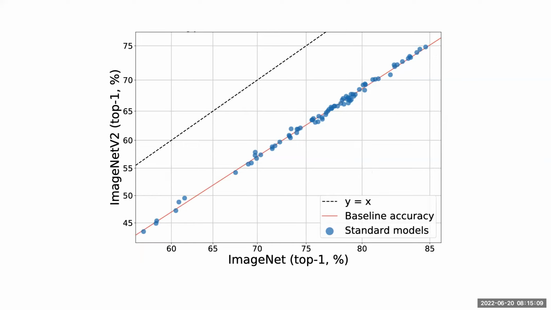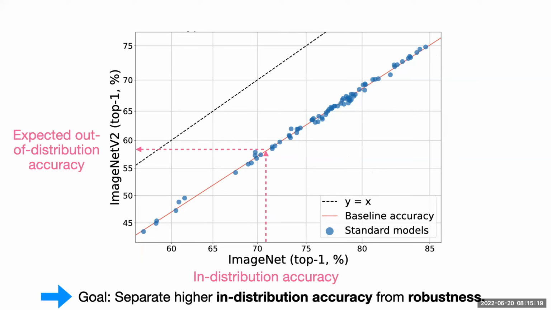This is really useful because with this linear trend, we can basically subtract out how well a model does just based on its ImageNet accuracy. So the idea is the following: if you give me a new ImageNet model and I know it's trained on ImageNet, then I can just see, okay, if your in-distribution accuracy is 71%, then the expected out-of-distribution accuracy would be something like 58%.